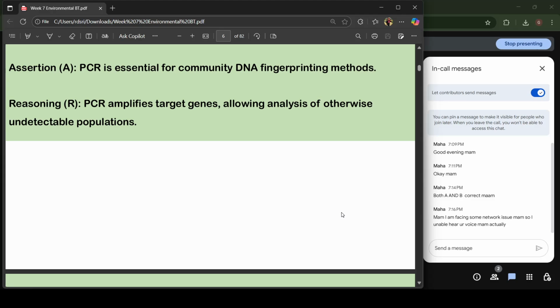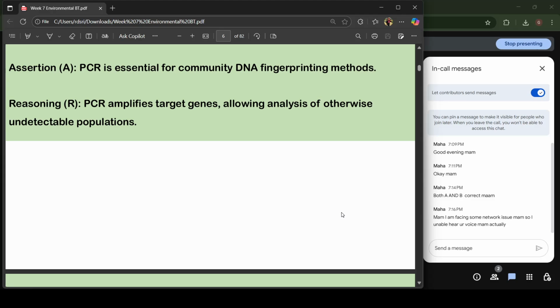In all of these, one common step is the polymerase chain reaction. The polymerase chain reaction is generally used to amplify the genes to get multiple copies of a single gene. So it is essential for community DNA fingerprinting methods because it amplifies the target genes and allows the analysis of otherwise undetectable populations.